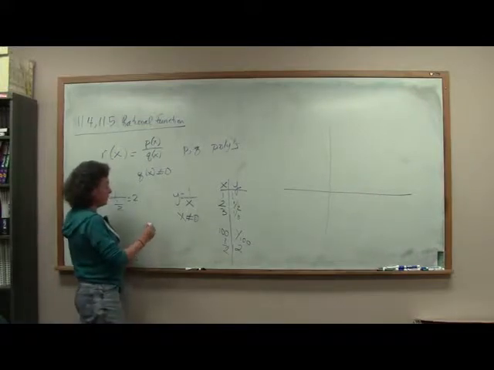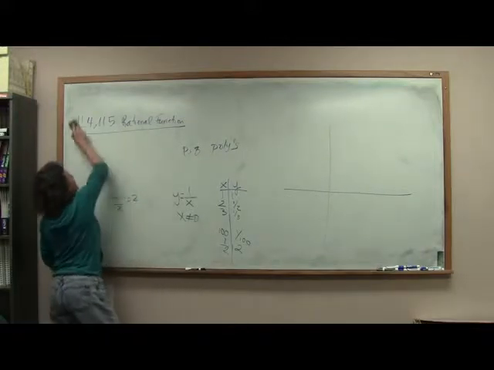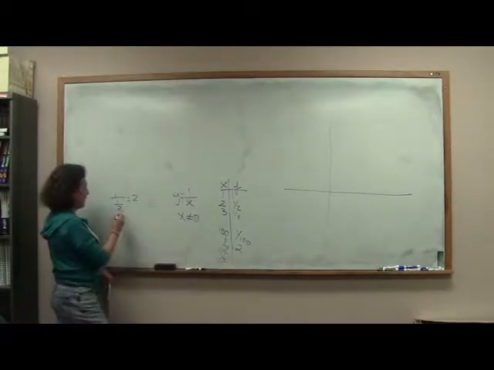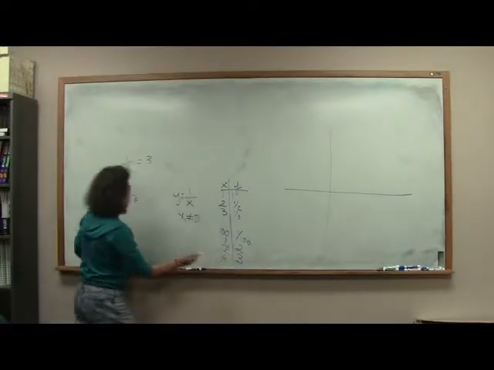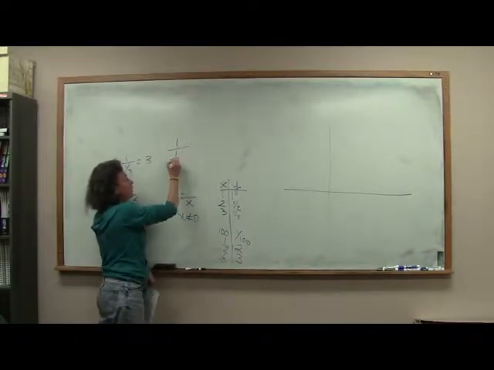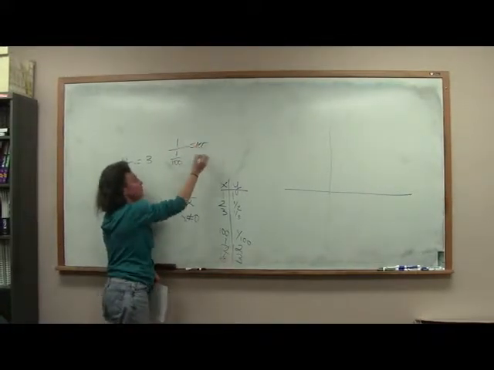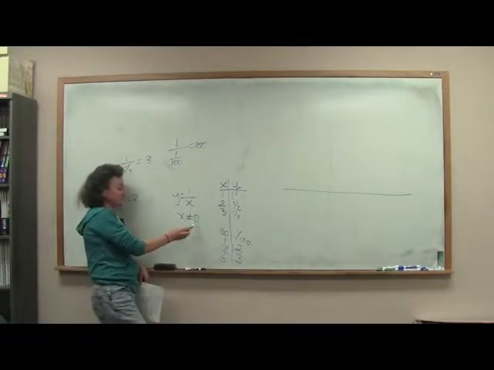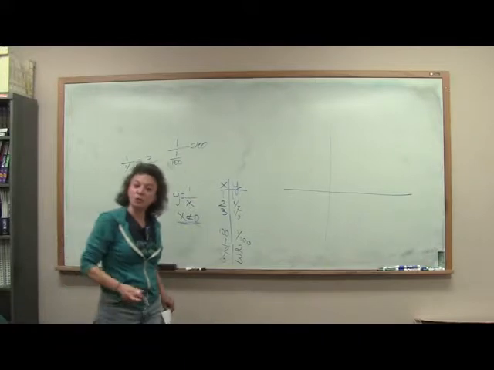Now, what happens if I plug in 1/3? I have 1 over 1/3, which is 3. Just like I picked 100 here, what would happen if I plugged in 1 over 100? Again, you multiply by the reciprocal and you get 100 out. So notice, as we're getting closer to this forbidden point, our function values are getting absolutely huge.